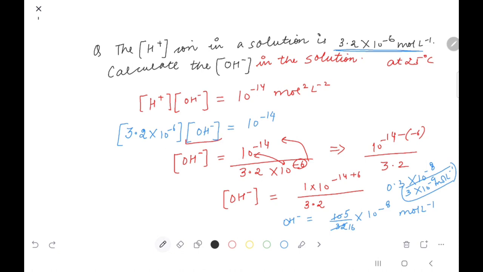So the next question that we can do is, the question says the pH of a solution is 3.